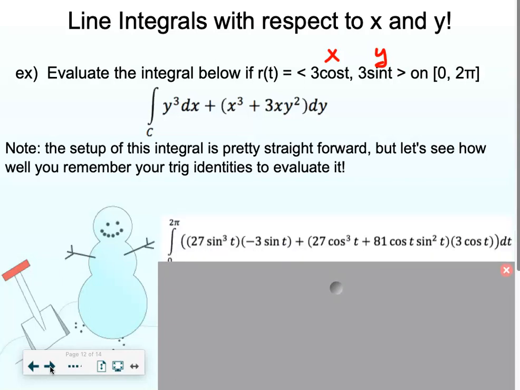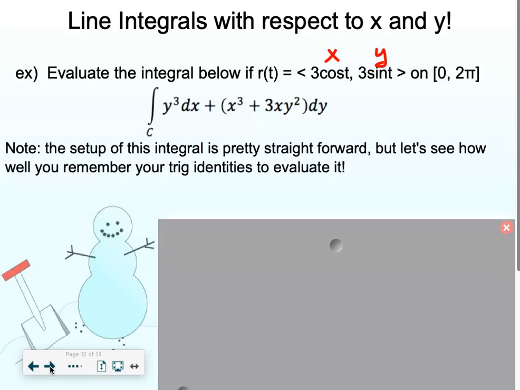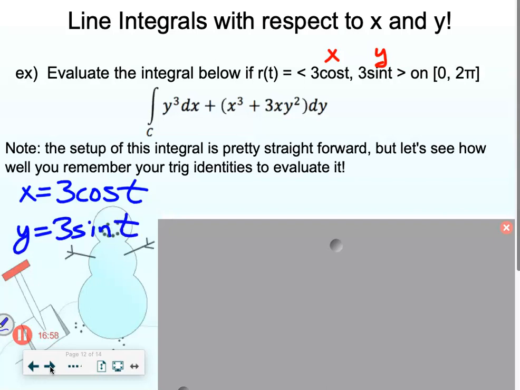That's me just doing it. Shoot. Where did I actually put the things? All right, so x, I must have not written them. x equals 3 cosine t. And y equals 3 sine t. I'm going to do the dy dx. So dy equals 3 cosine t dx.